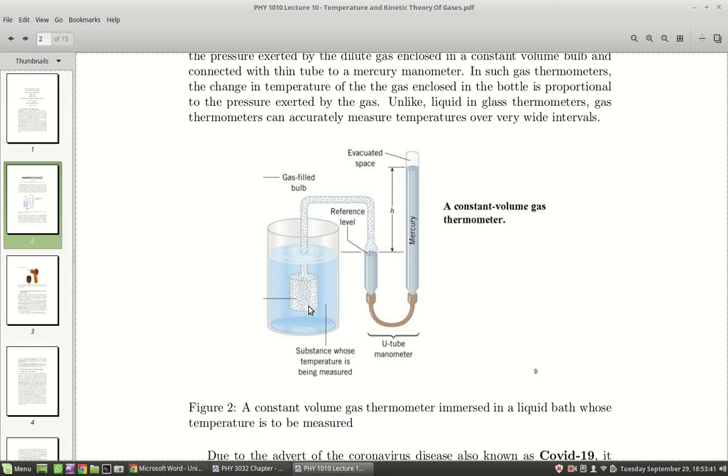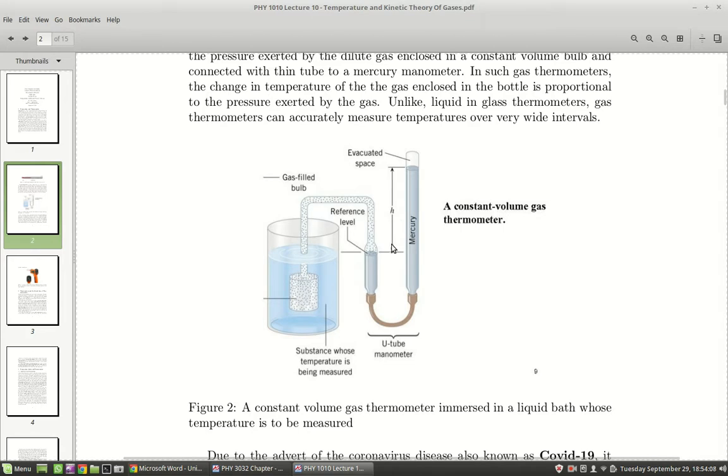As the gas expands, it is going to push against the mercury column here. So depending on the expansion and the pressure of the gas, the left side of the U tube is going to be pushed down, and the other one is going to be pushed up, and we will be able to measure the difference in heights in these columns.